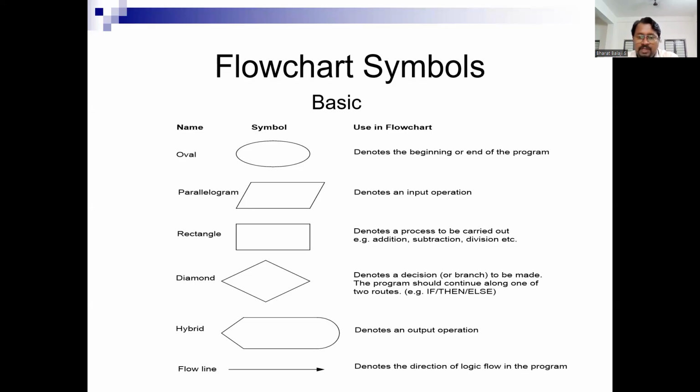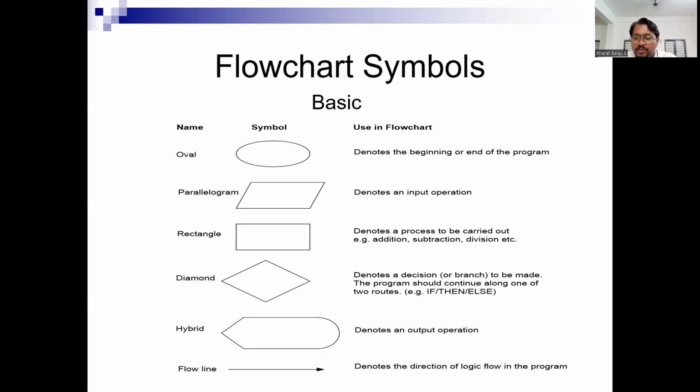Diamond denotes a decision to be made. Wherever alternative solutions are there, we give the condition, whether it is true or false. If true, then what has to be done? If false, then what has to be done? These decisions are taken using the diamond symbol, and those statements are written inside the diamond.